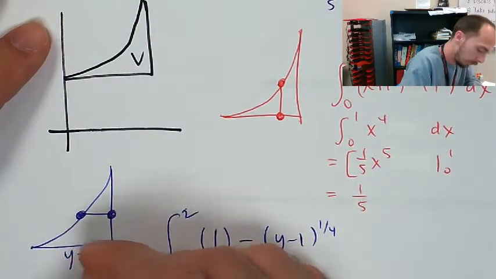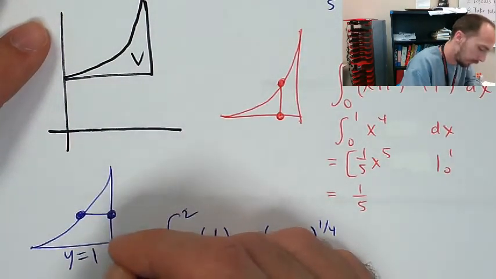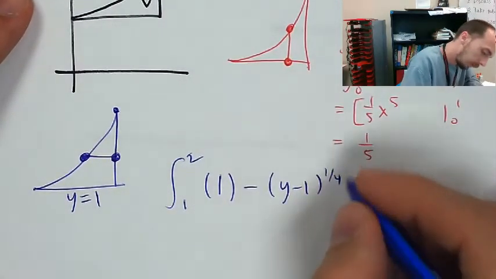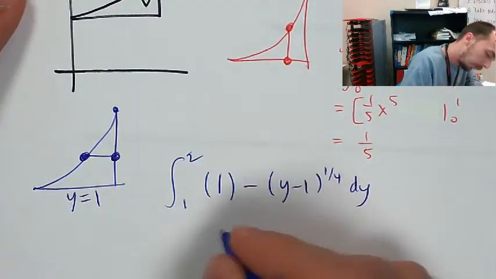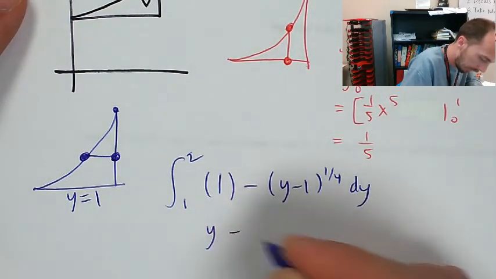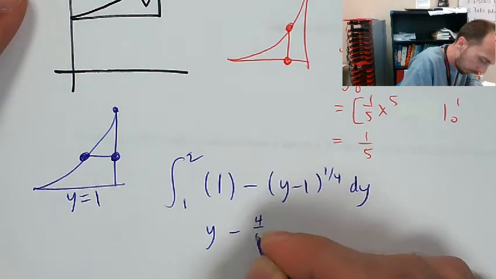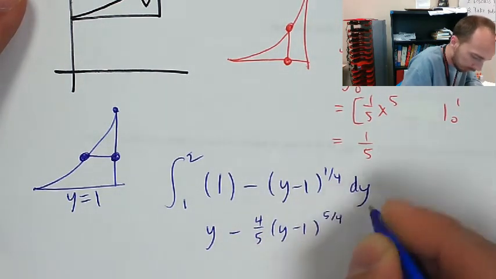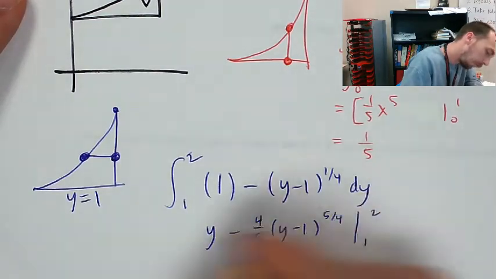We're integrating this with respect to y. So this will be 1y minus 4/5 y minus 1 to the 5/4 as y runs from 1 to 2.